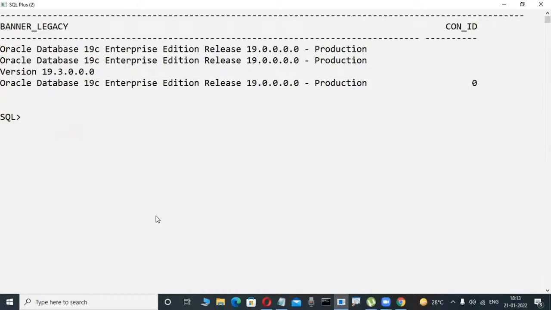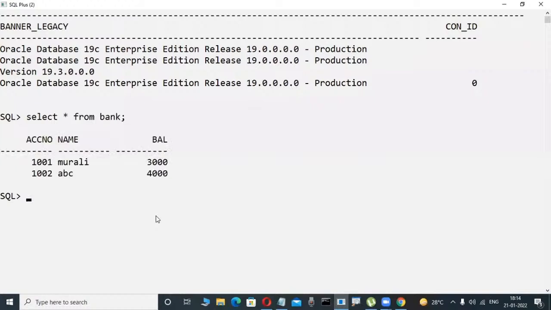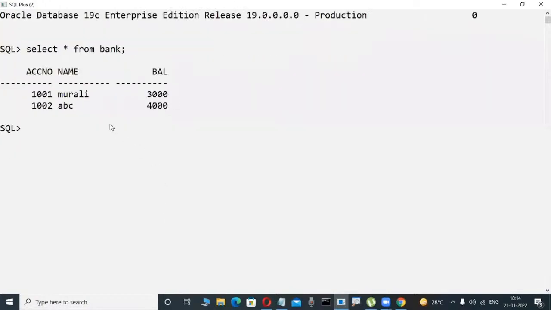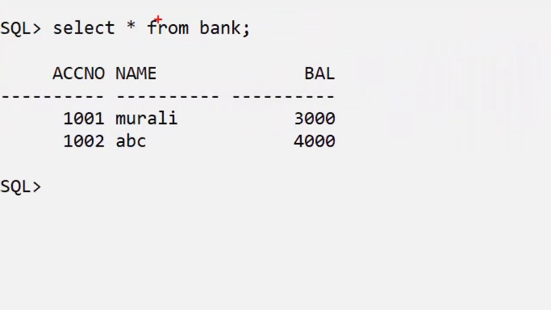Suppose in this database, bank is a table, for example. Just observe the scenario, a very easy way to understand. In table format only, we store the data. Suppose, for example, this is SBI bank, and this is the data. Observe here, these are columns: account number, name, and balance. These are called columns.